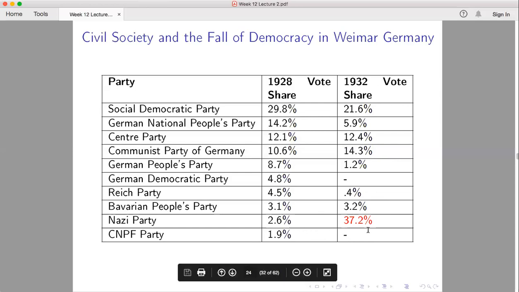So that is almost a 35% increase in your vote share over the course of 4 years, simply because of this direct and targeted strategy to infiltrate civil society groups, to spread their message of nationalism, of exclusivism, and of hatred towards the Jewish population in Germany.